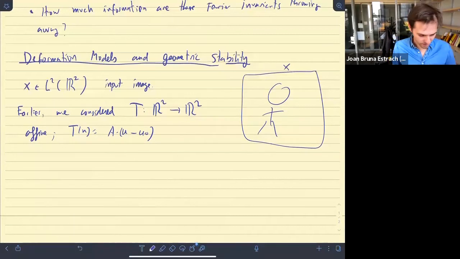The degrees of freedom here, there are only 6 degrees of freedom.